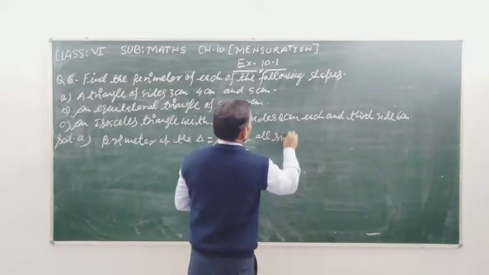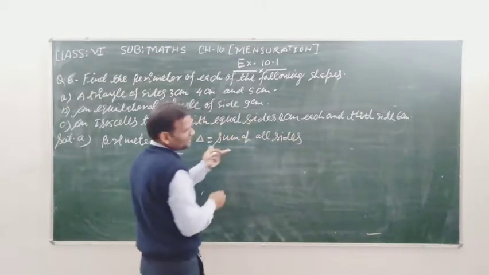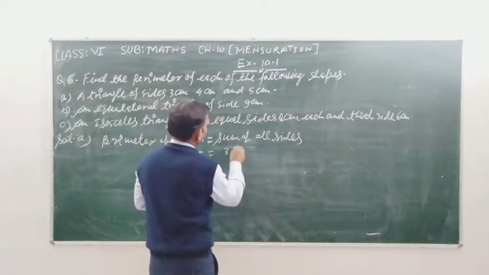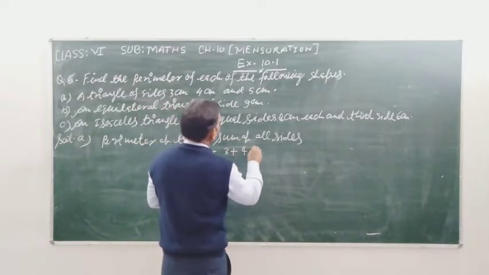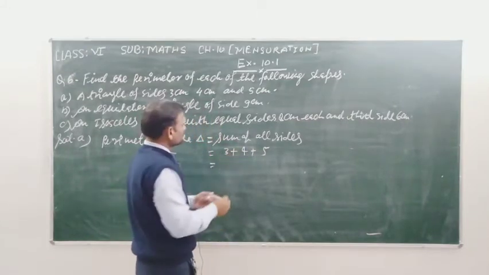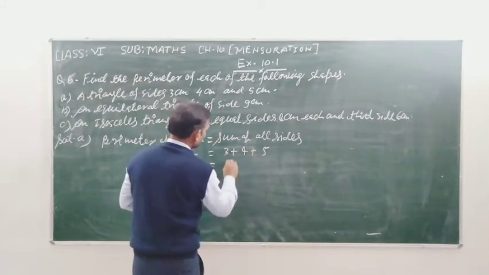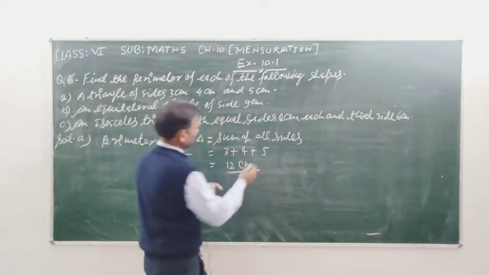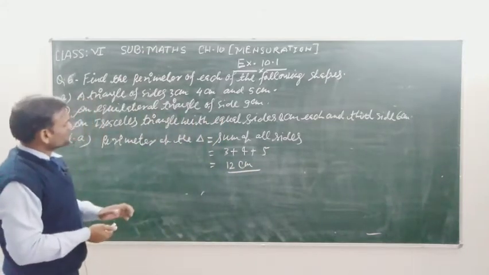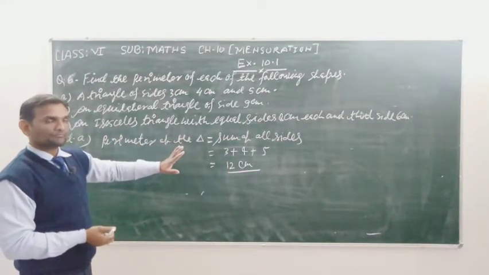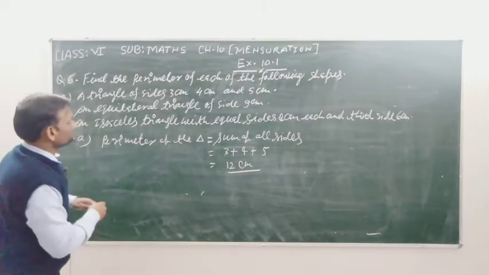This is the formula. So 3 plus 4 plus 5, all in centimeter, is 12 centimeter. So student, the perimeter of the triangle is 12 centimeter.